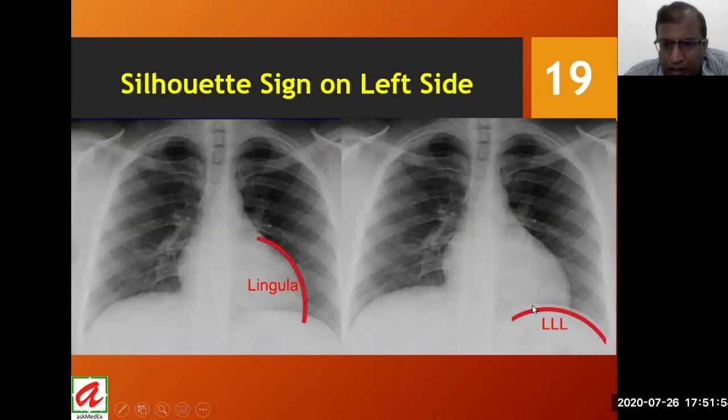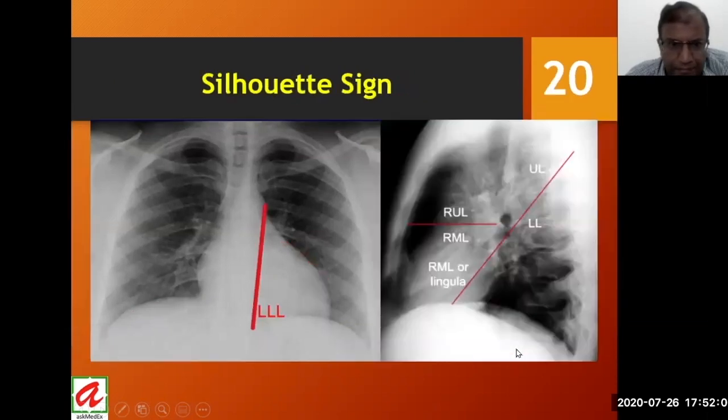And when the left hemidiaphragm is not visible, think of a left lower lobe involvement. There is one peculiarity of the left lower lobe involvement, specifically left lower lobe collapse, that it is often seen as a sharp triangular opacity in the left paravertebral location, and this opacity is seen through the heart shadow.